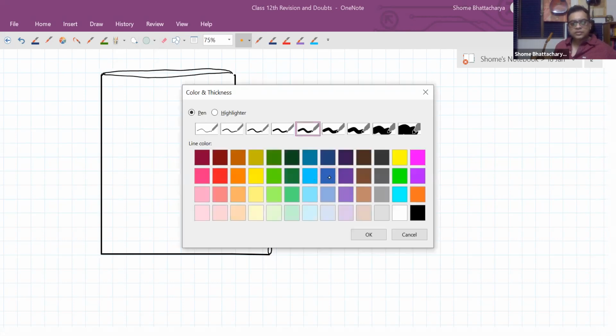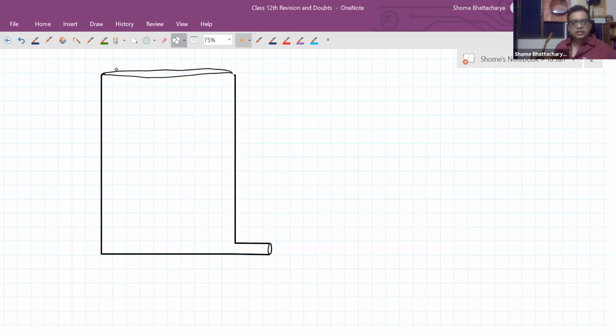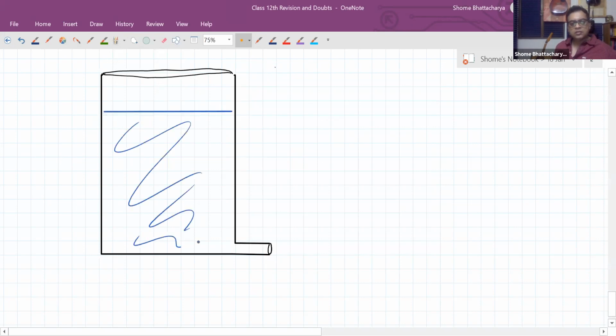So we have this kind of situation. Liquid is present up to a certain height at this instant of time. It comes out from here.